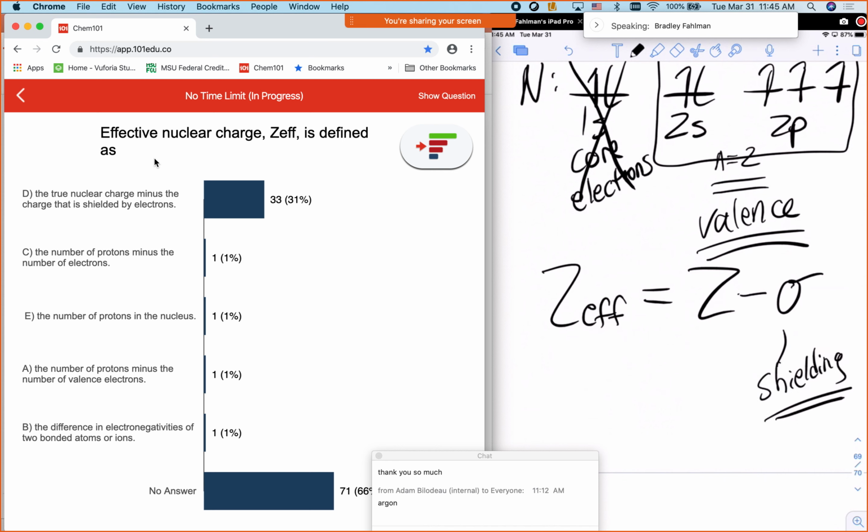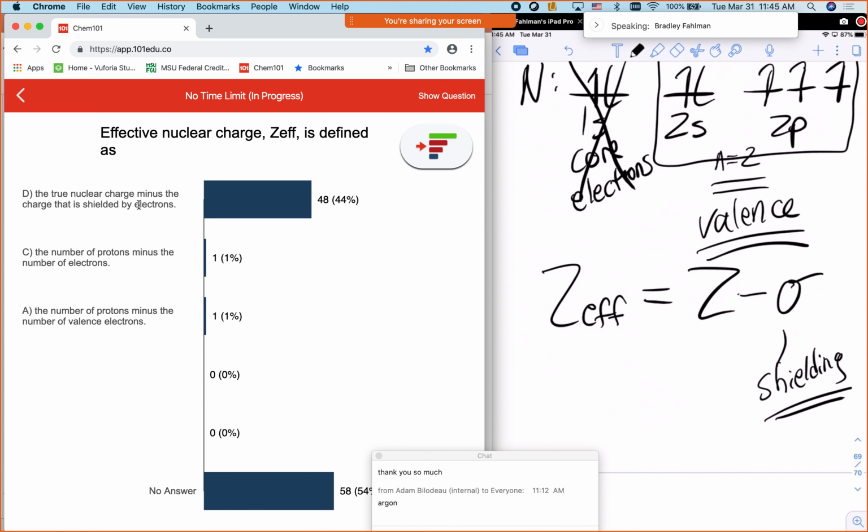And that corresponds to electron-electron repulsions. That's what shields the valence electrons from experiencing that full nuclear charge. So that's why it's called effective nuclear charge.